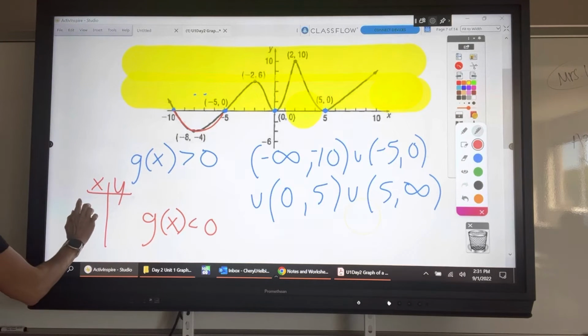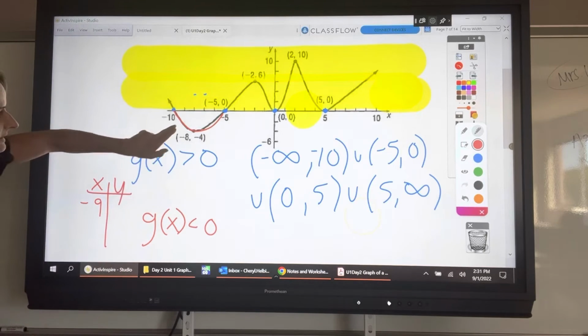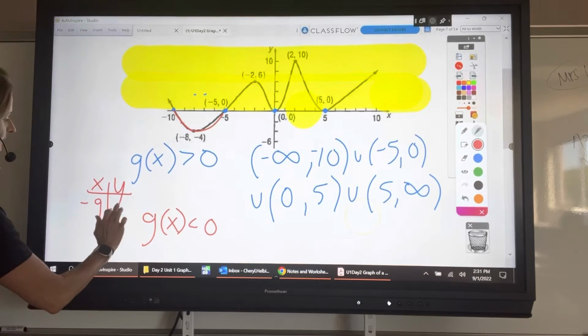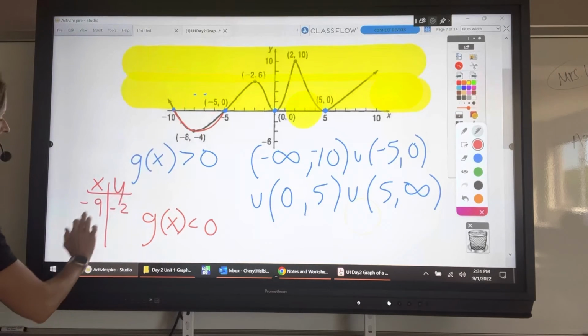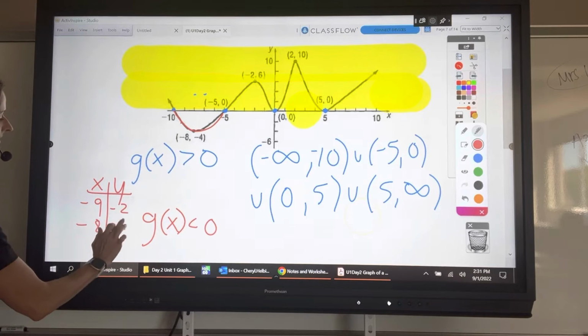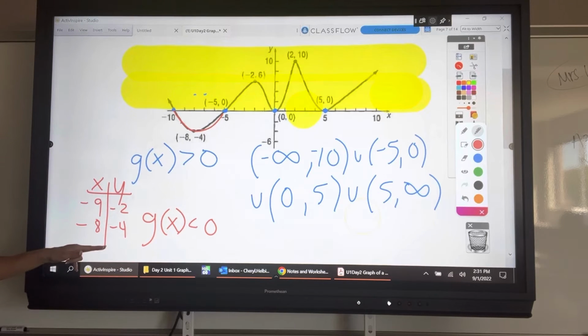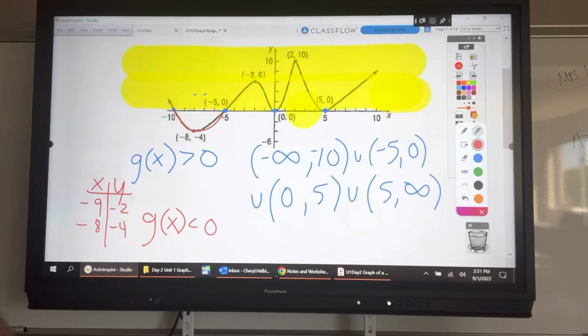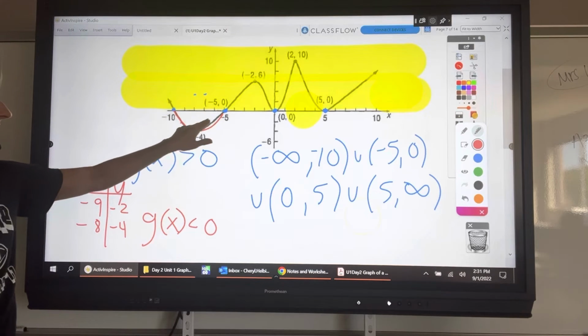Whatever the x value is, -9, and then I'm just guessing, maybe the point is -2-ish, and then -8 is -4. See how all the y values that we're plotting are less than 0. So we would just need this interval.